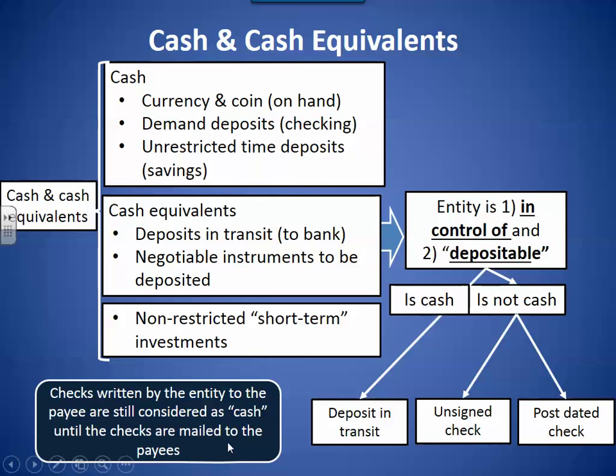So if you have checks that are sitting around that haven't been mailed out yet to the payees, and that amount has been deducted from your book's checking account, the CPA would make you add that cash balance back because it's still your cash until it leaves your control in the mail.